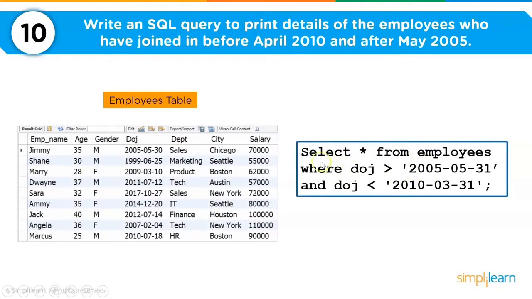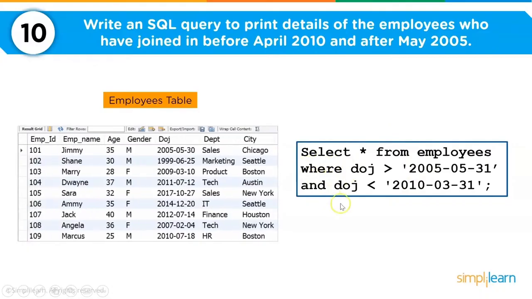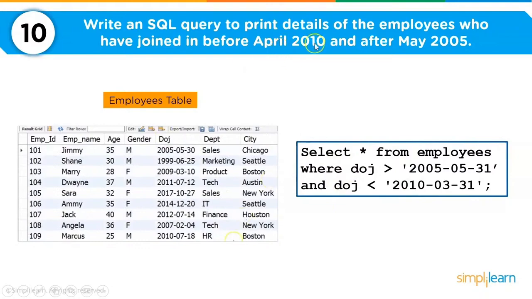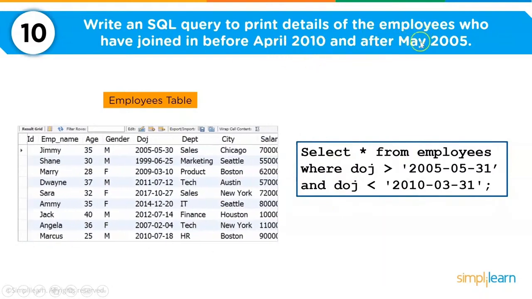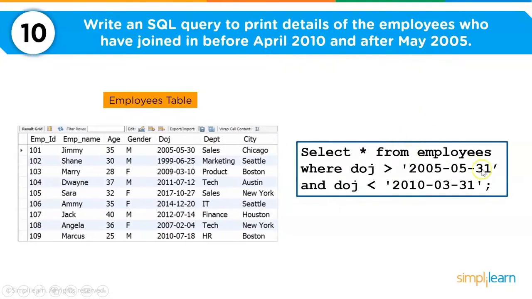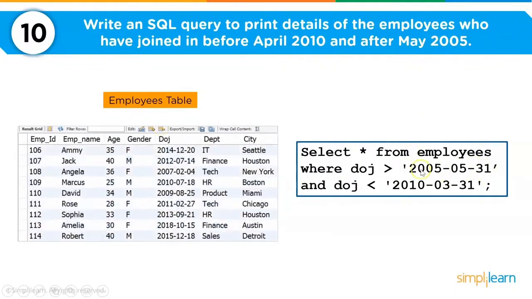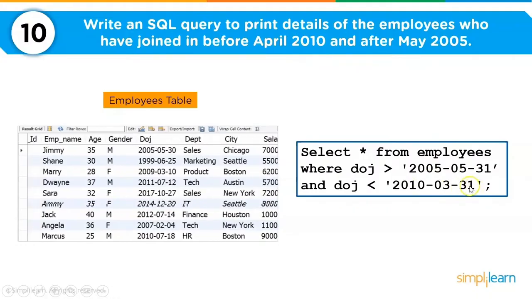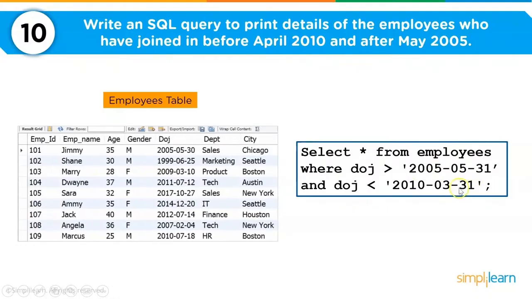So here we are using just a where condition to filter our results, and my condition is the employee should have joined after May 2005. So I have written after 31st of May 2005 and before April 2010, which is before 31st of March 2010.